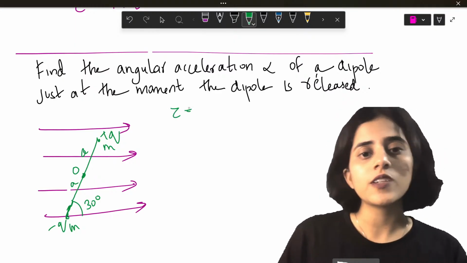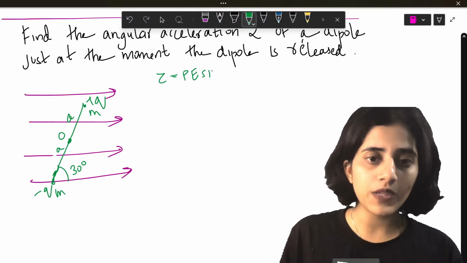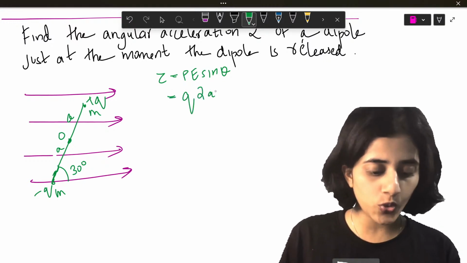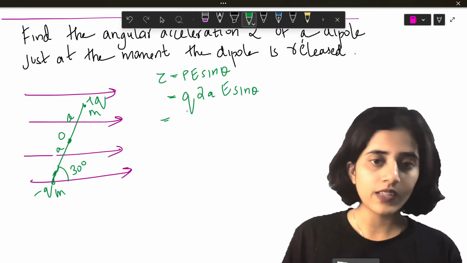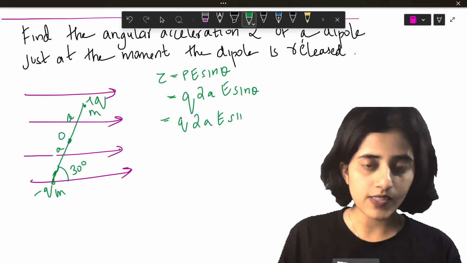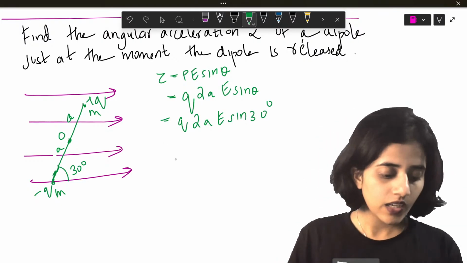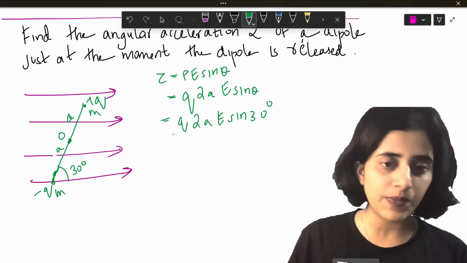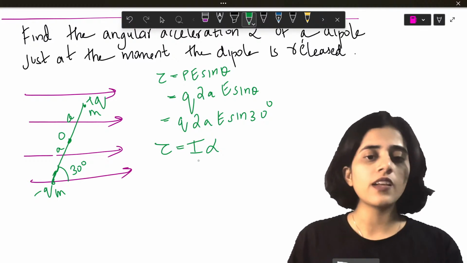So we all know torque is what? Torque is PE sine theta. So this is nothing else but Q 2A E sine theta. So this is Q into 2A E sine 30 degree. Okay, 30 degree is given in the question. Now we have to find out angular acceleration. There's a formula, torque is equal to I alpha. What is I?